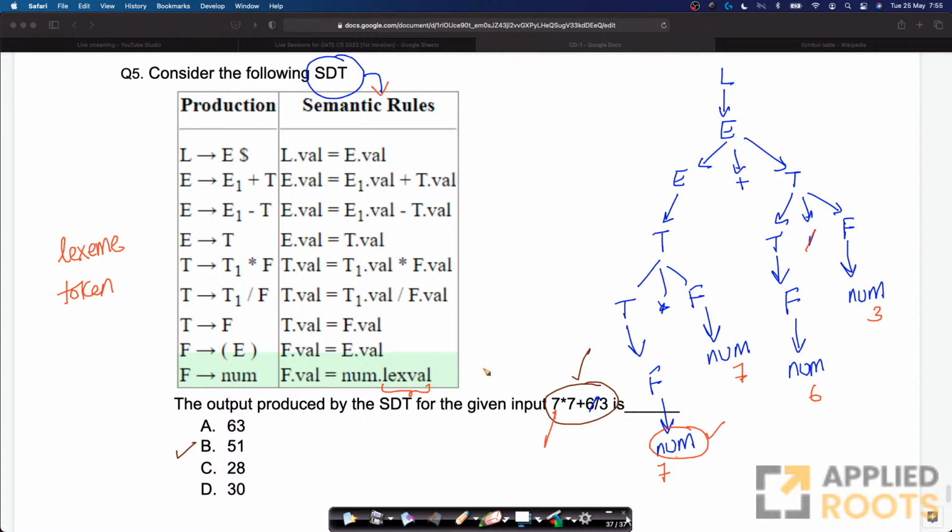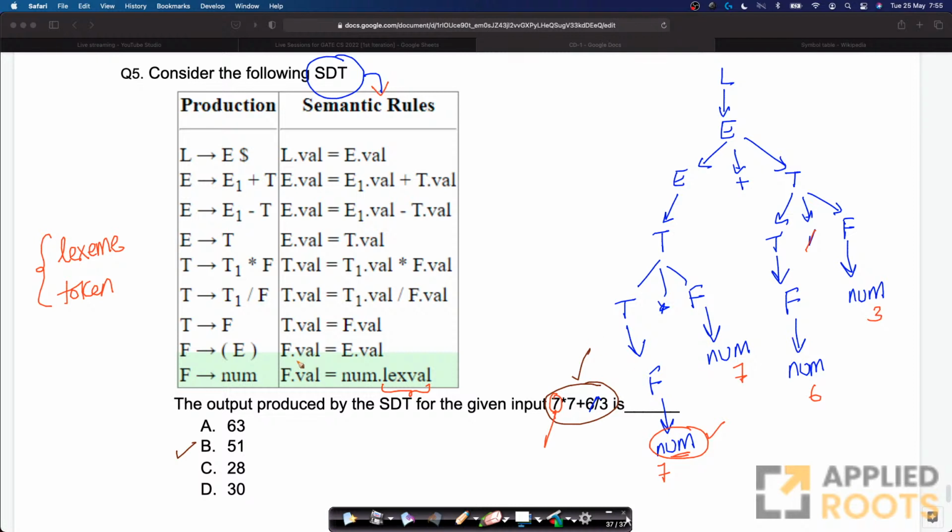That's the simplest way to understand it. Tokens are what your parser takes. Your parser doesn't take the 7 into consideration. Your lexical analyzer takes 7 and says, hey, this is a number, and it creates this token called num. Somebody asked this question a while ago, so I thought this is a good time to discuss that.